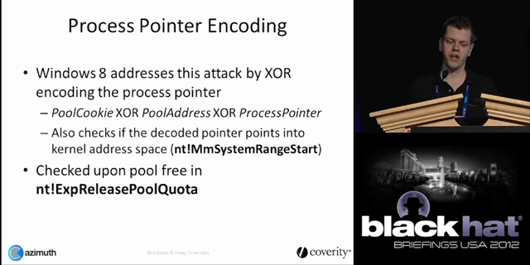So when I demonstrated this in Windows 7, I could set up a data structure in user mode and create a fake process object, but now you would have to have that data structure in kernel mode as well, so it gets a lot harder, and you would have to defeat the decoding, which is considered infeasible in a way.